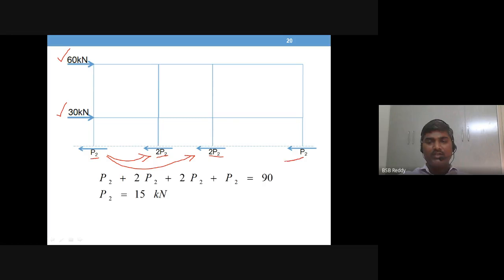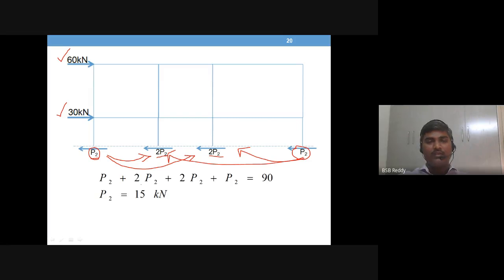So likewise, exterior column shear is taken as P2, and the interior column shear will become twice that of it.